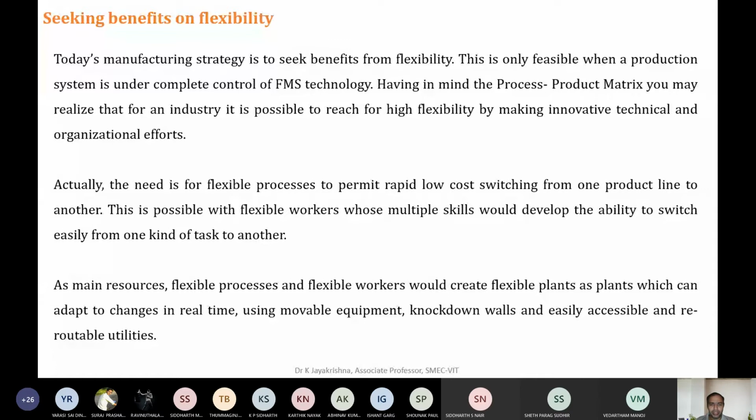And if you have to have a flexible manufacturing system, you should have a highly flexible workforce, and that means your company employees should have multiple skills, like they should be able to work on different machines. Say for example, in a software company, they expect you to code, to test, and to deliver. Your employees are expected to be multifaceted, right? So you should be flexible to work in any environment.